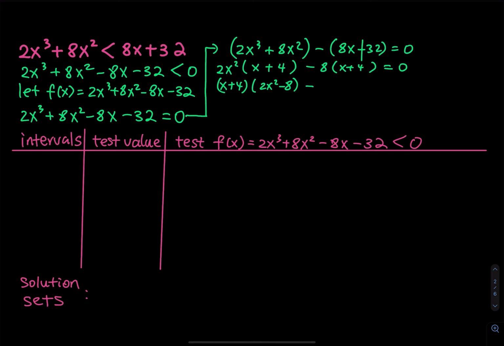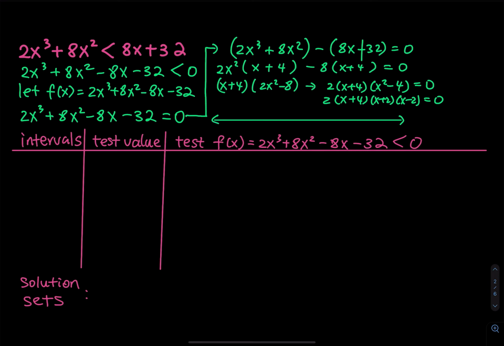So that one, we can just factor the 2 out. So we have 2, x plus 4, and then x squared minus 2, sorry, not minus 2, minus 4, equals 0. So we have 2, x plus 4, x plus 2, x minus 2, equals 0. So the key numbers are x equals negative 4, x equals negative 2, and x equals 2. So let me write the interval first.